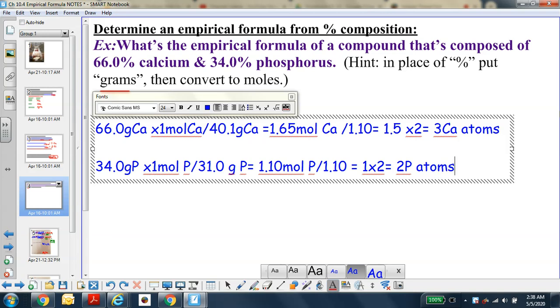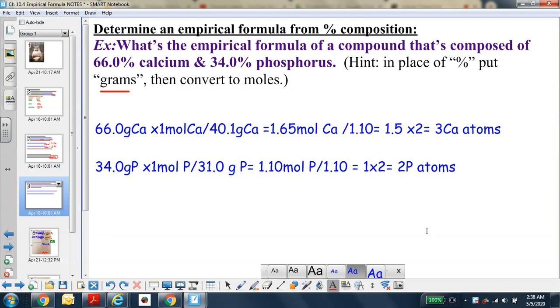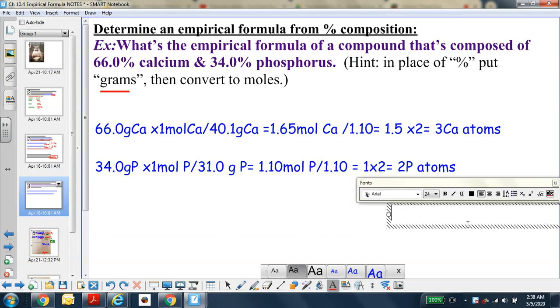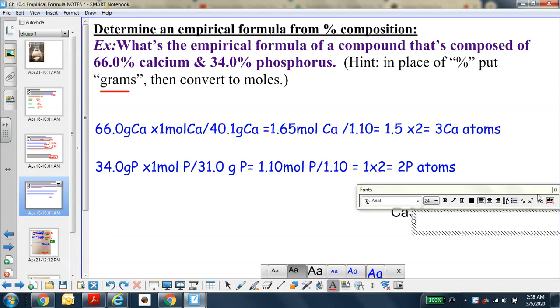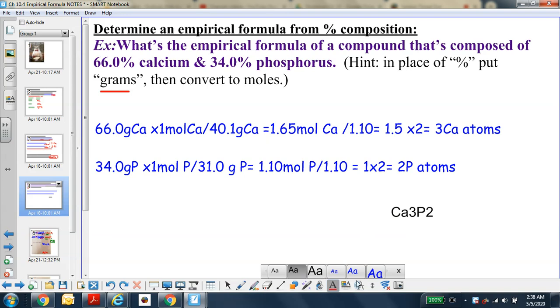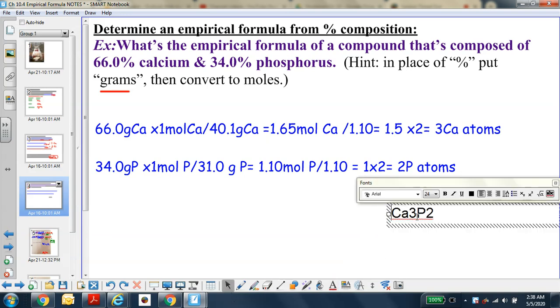Now I can put together my empirical formula. So my empirical formula is Ca3P2. Okay, and these would be subscripts that you could make smaller, like so.